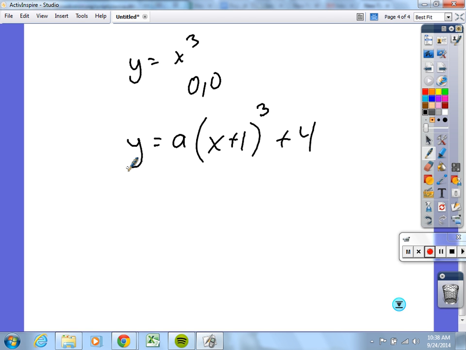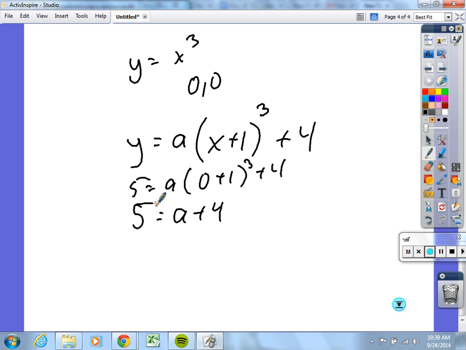Okay, what you're going to do is a system of equations. See how I have 2 extra points? Yes, no? Okay, so I'm going to plug in 0, 5. 0 for x, 5 for y. 0 plus 1, 1 cubed. 1 times a is a, plus 4 equals 5.